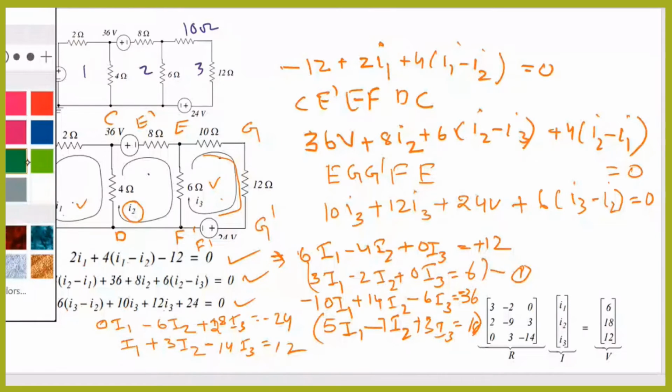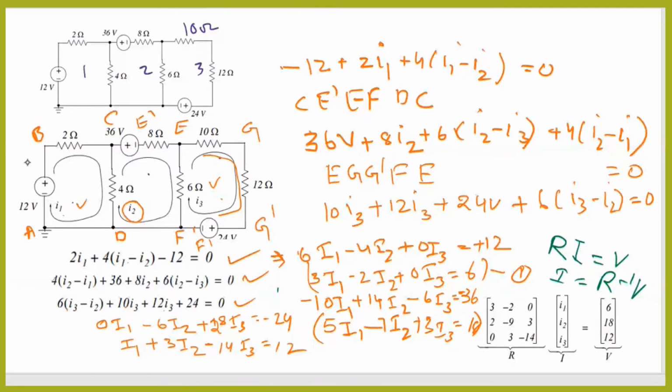Now I is equal to R inverse into V. If you can inverse this matrix and multiply with V, you will get I1, I2 and I3 values. Am I clear up to now?